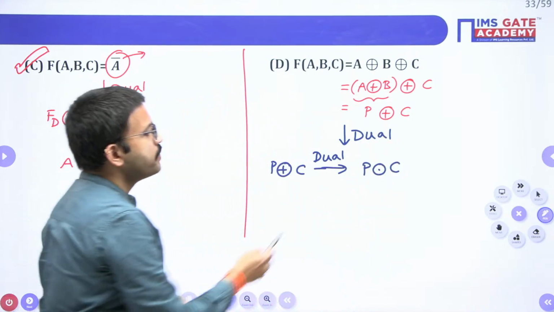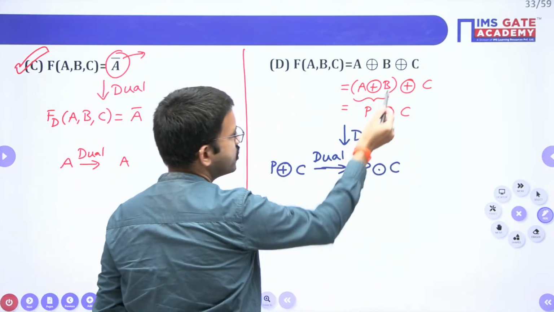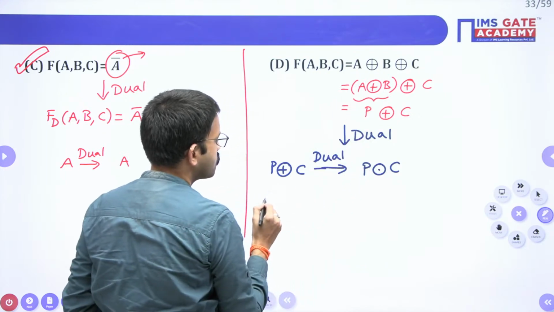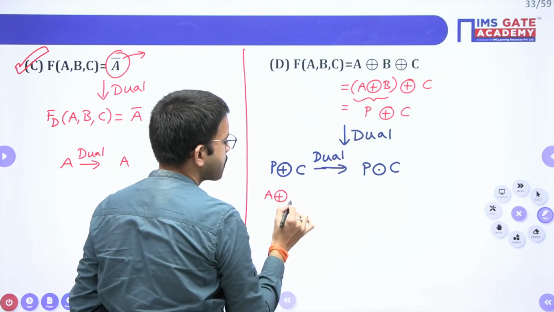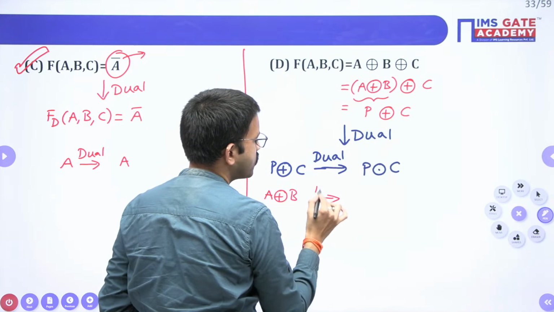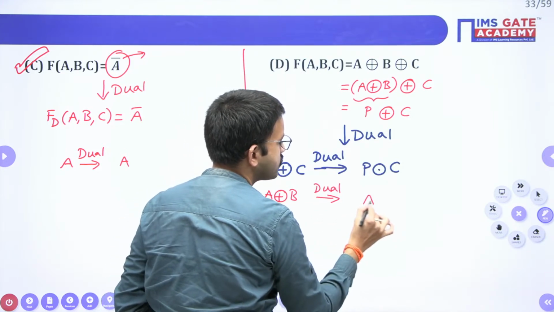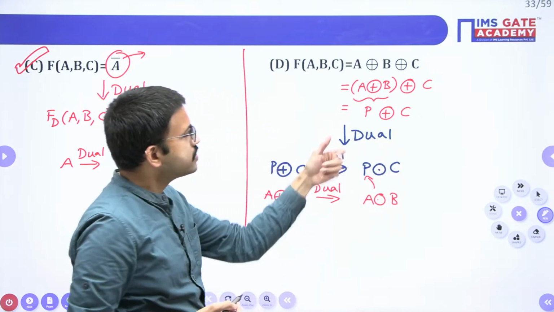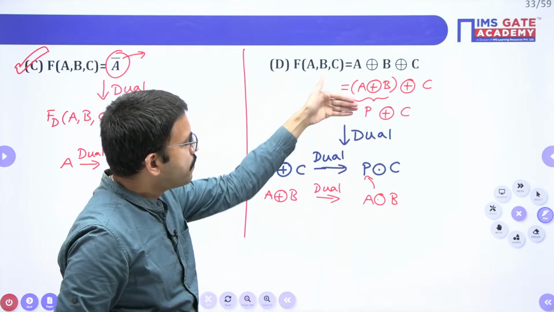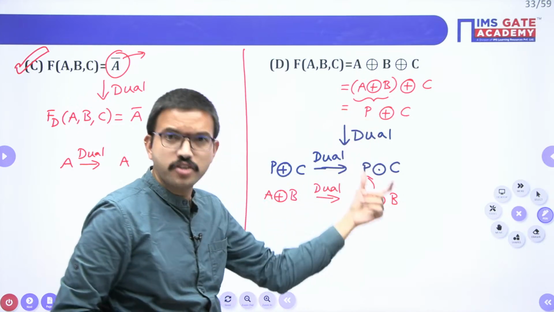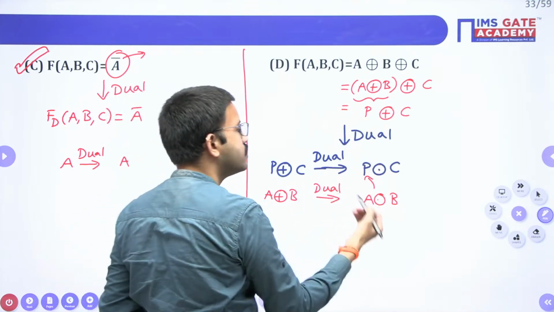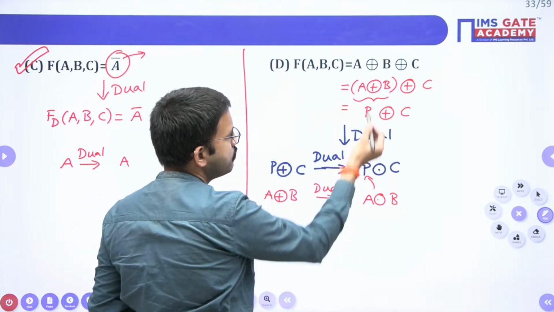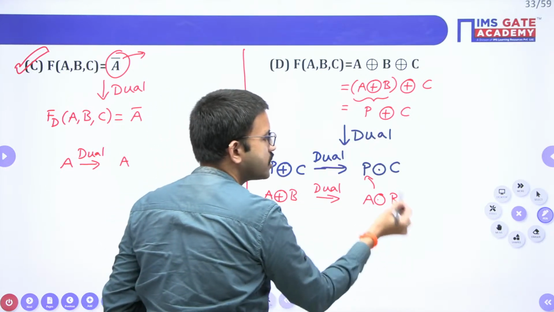But P is nothing but A XOR B. So for A XOR B, the dual is A XNOR B. Just substitute this here, because initially you have P, but for the entire expression we are applying dual, so you should get P dual. P is A XOR B, and its dual is A XNOR B.